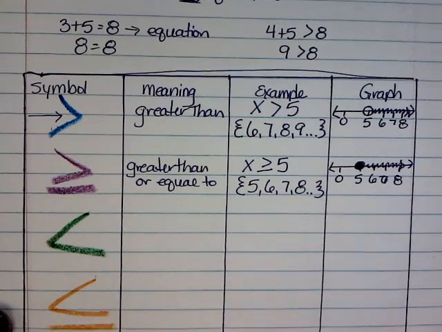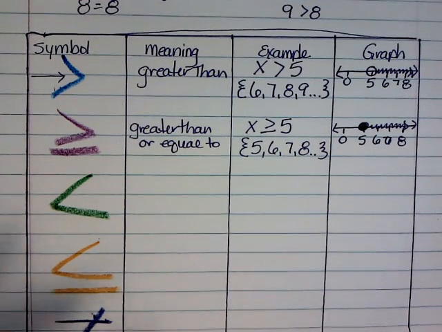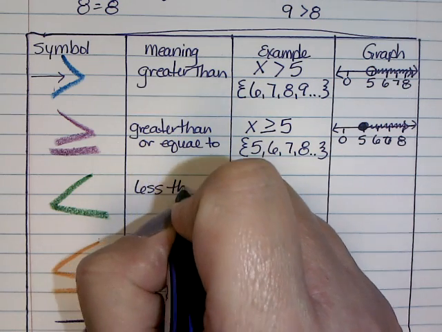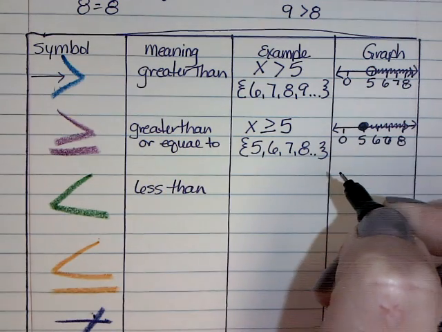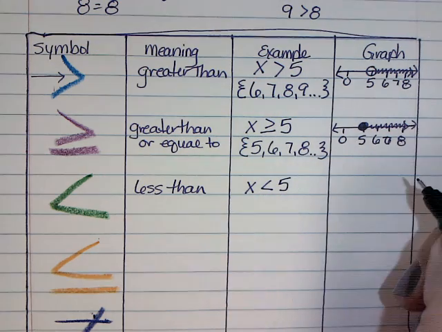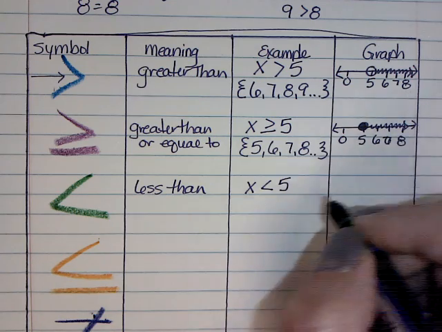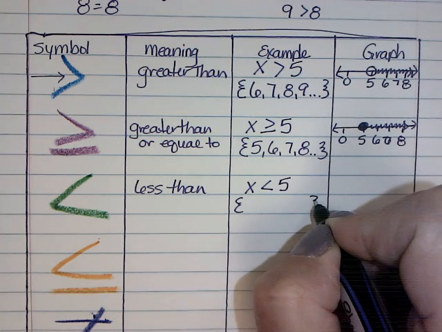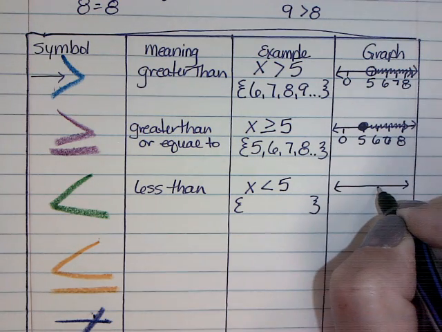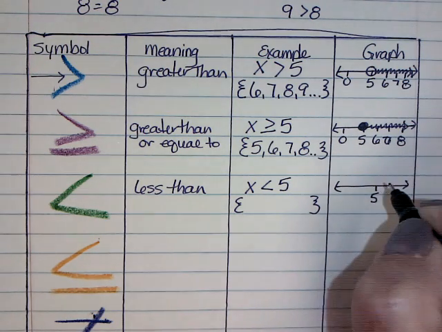Going down to the green, my green looks just like this, and this is going to be less than, and my less than sign looks like this if it's x is less than 5. I'm going to go ahead and draw my solution set. If I draw my number line, there's 5 in the middle.